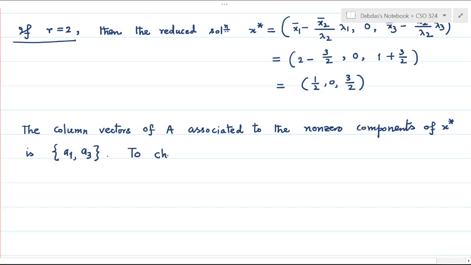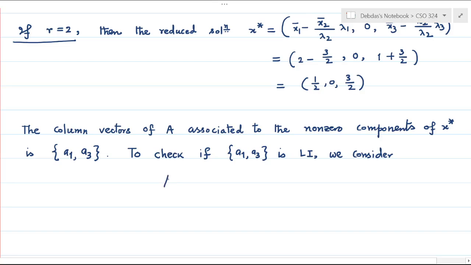To check if this set A1, A3 is linearly independent, we consider the equation.